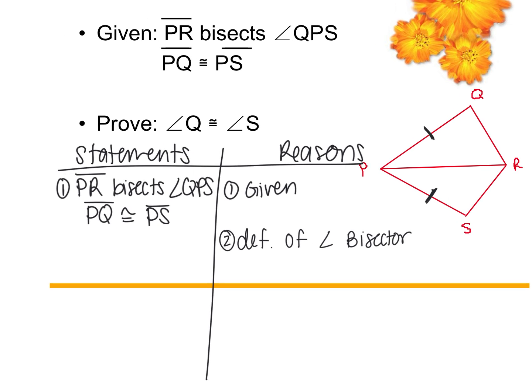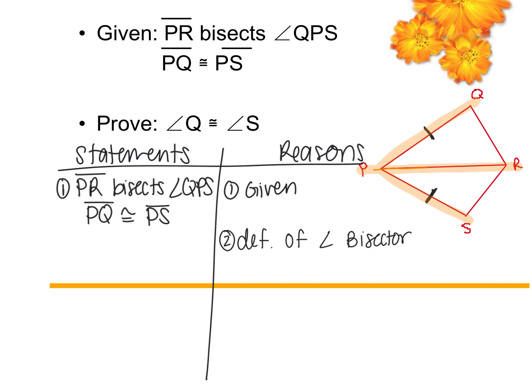So if you're not sure on how to write your angles, I highly recommend highlighting. Here is PQ, or not PQ, PR is bisecting QPS. So look at where the vertex is. What 2 angles are being bisected?